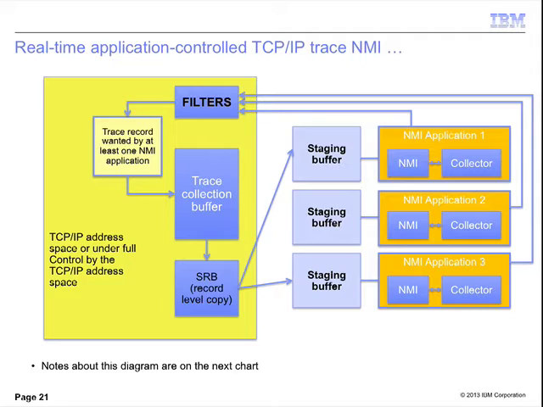Now in the TCPIP stack, as we're going about our normal business, whenever we get to a trace point where at least one of the network management applications would be interested in the data, we will write that into a common trace collection buffer. Then a long-running SRB copies those into the staging buffers associated with each of the applications, which they can retrieve at their leisure.